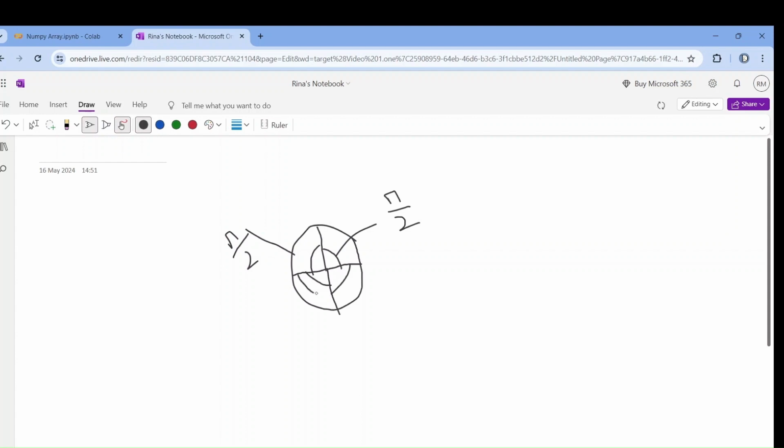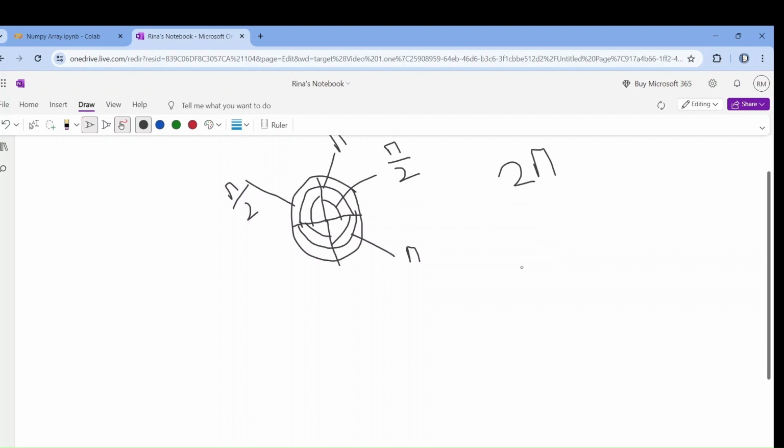So if I take this total one, what is the value? That is pi, because pi by 2 plus pi by 2 is 180 degree. This one is also pi, that is 180 degree. So you can say that this is 90 degrees or pi by 2, total 180 degree, but the complete circle is pi plus pi, that is 2 pi.